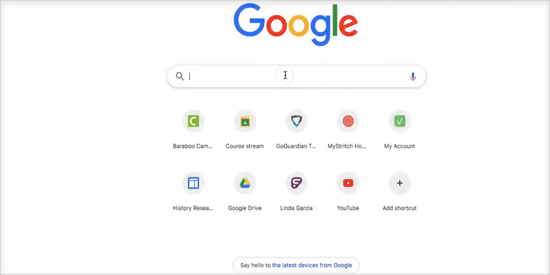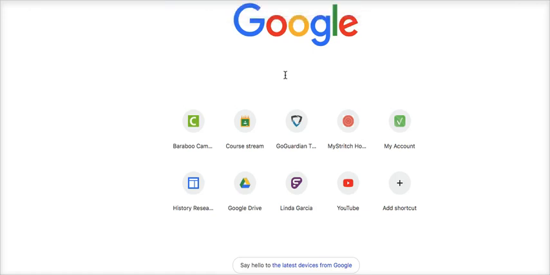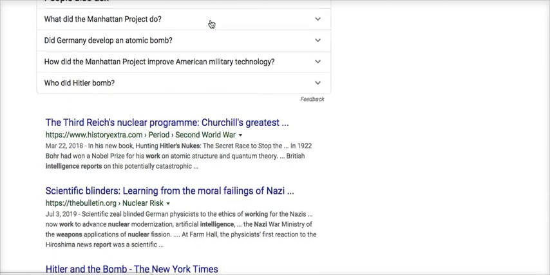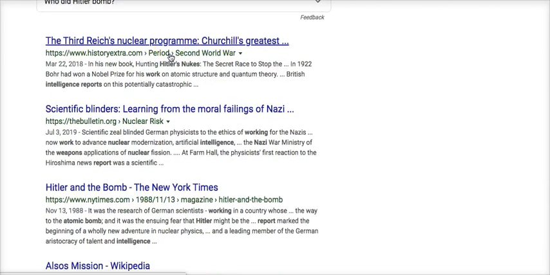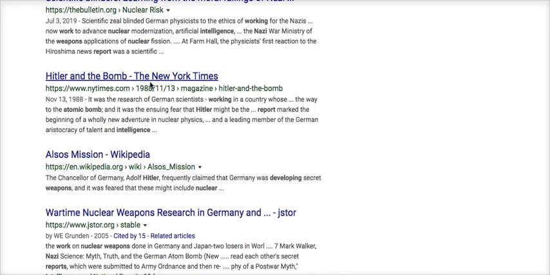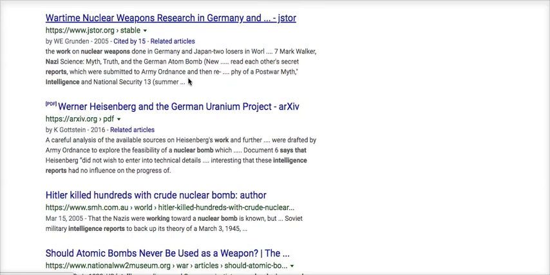So I'm going to go to a new window, and I'm going to search: intelligence reports that Hitler was working on a nuclear weapon. Intelligence reports, okay. So, the Third Reich's nuclear program, scientific binders, no, Hitler and the bomb, wartime nuclear weapons.